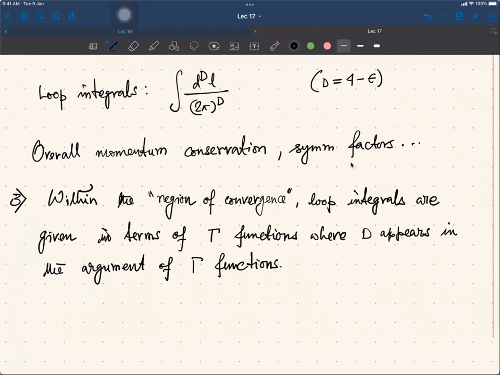Then the expression will be analytically continued to the complex d plane, where it acquires poles in epsilon.